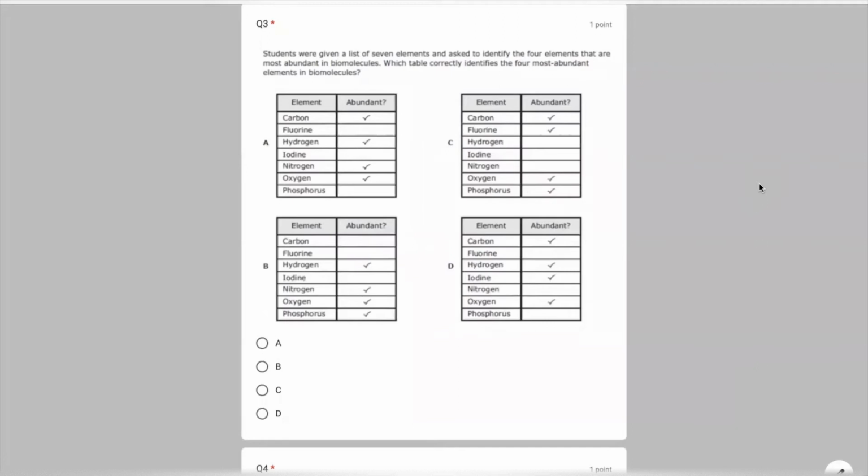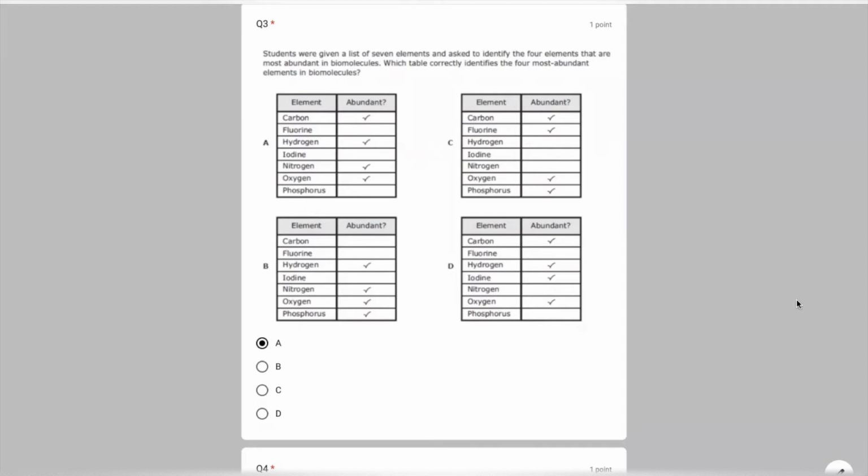components of life. And lipids also contain carbon, hydrogen, and oxygen, but they also contain nitrogen. And then amino acids contain carbon, hydrogen, oxygen, nitrogen, and phosphorus. And as we can see, B is wrong because there's no carbon, and carbon's the most reoccurring element.